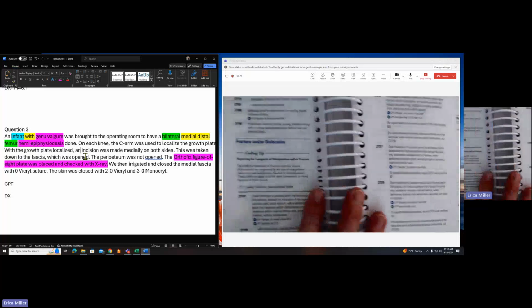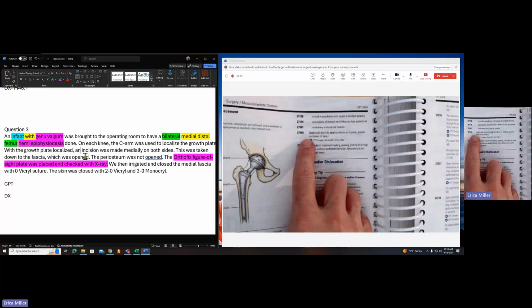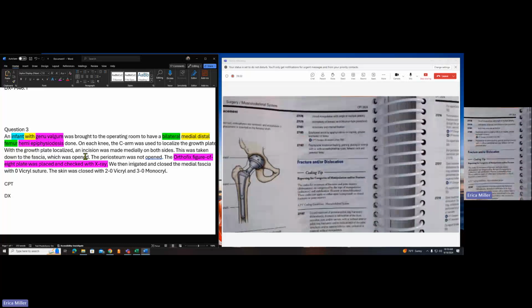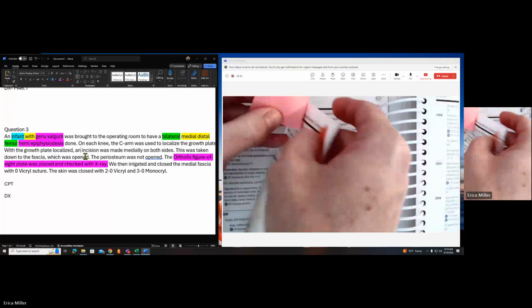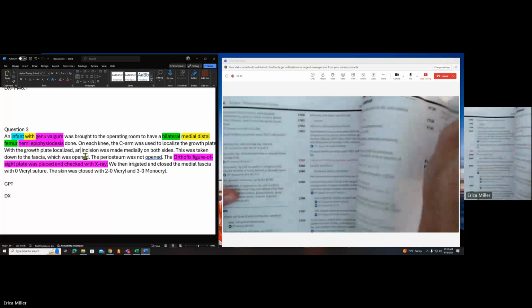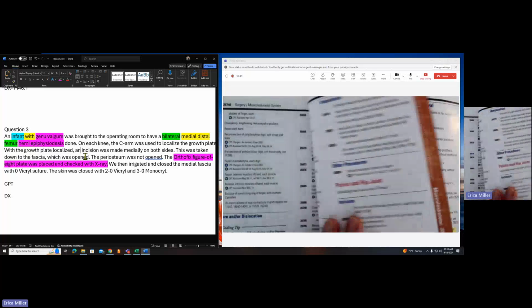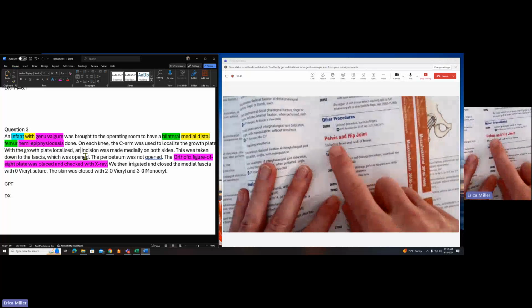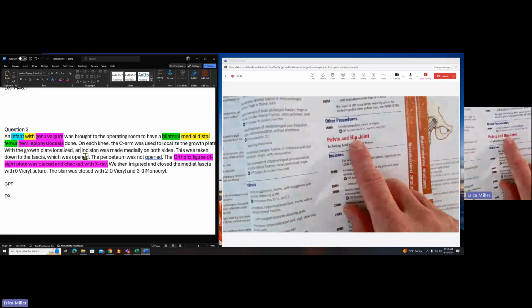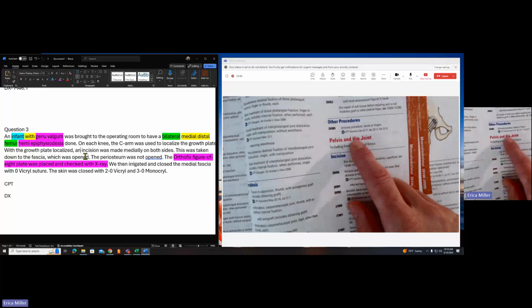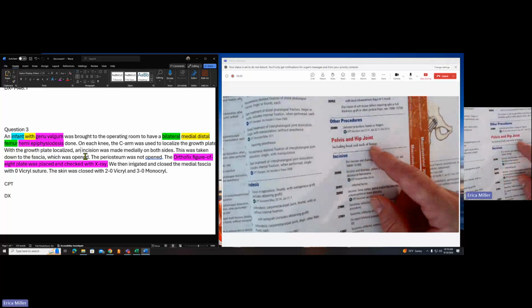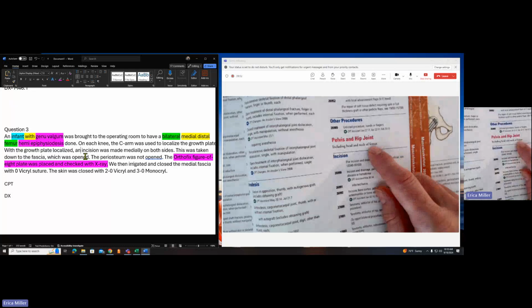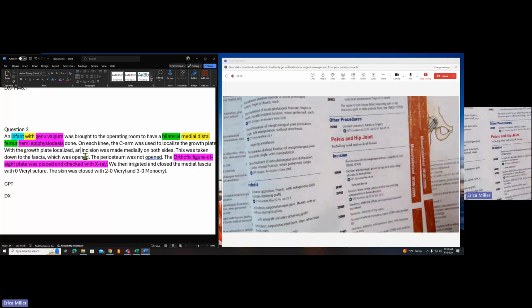Now I found 27185, but I also need to triple check my anatomic location that this code is coming from. So pelvis and hip joint. Now remember, they talked about the femur. Now it says including head and neck of femur, and you're like, okay, well, maybe, but pay attention to those key words we highlighted.